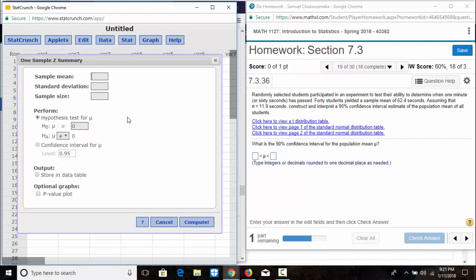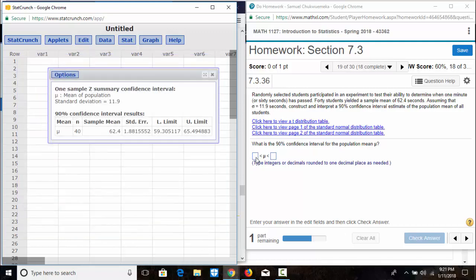The sample mean is 62.4. The population standard deviation, okay, is 11.9. The sample size is 40 students. Select the option confidence interval. You want to construct 90%, so that is 0.90.